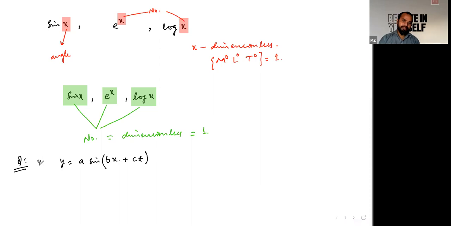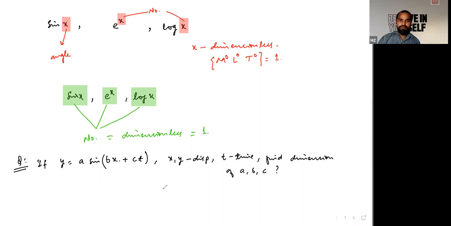If this is your expression, in which x and y represent displacement and t is time, from this we have to calculate the dimensions of A, B, and C.